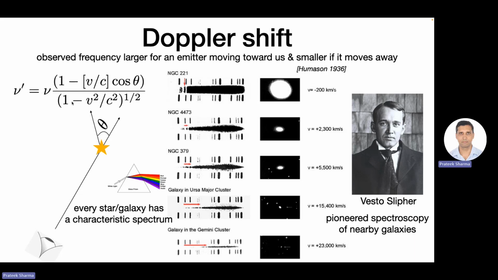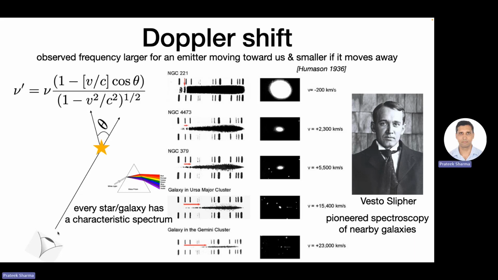This is basically a simple application of special relativity, right? You can see this is almost like the transformation of a 4-vector in special relativity. This is a gamma factor, 1 over square root of 1 minus v squared by c squared is gamma. So nu observed equals gamma nu times 1 minus the line of sight velocity divided by c.